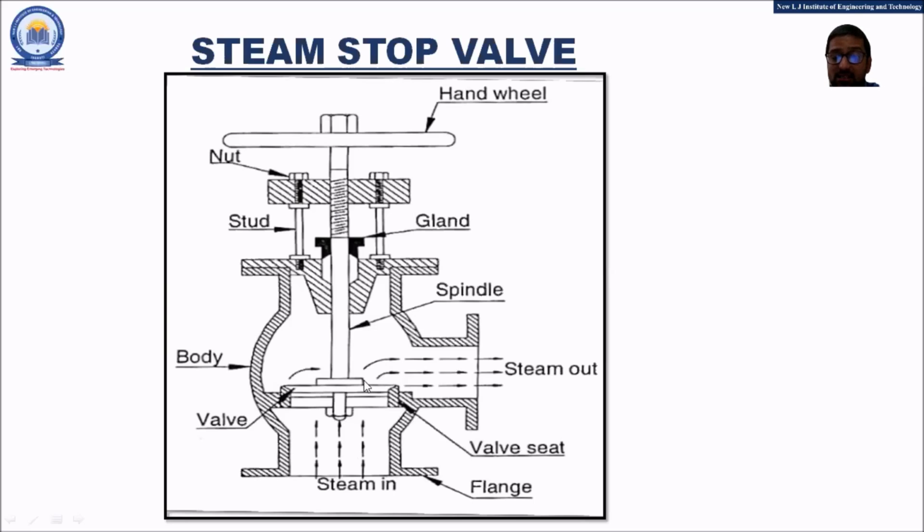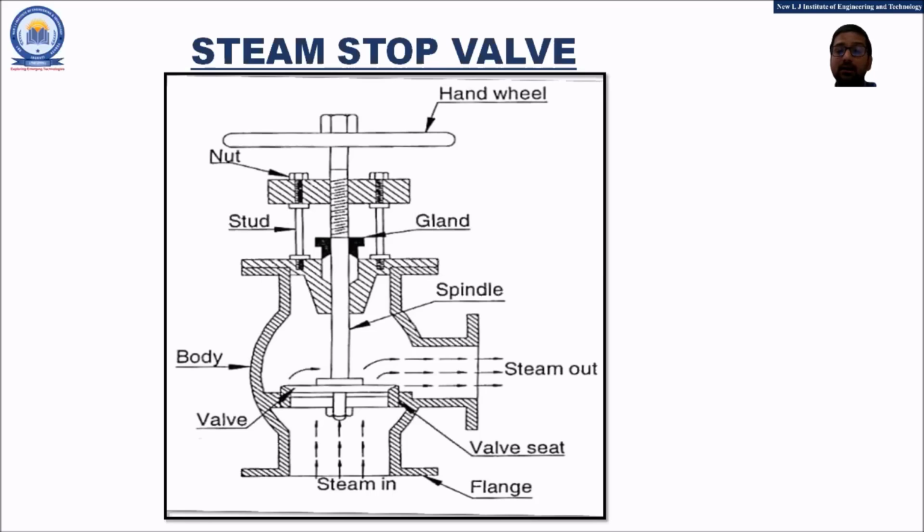So the space in the body will be opened. Now the steam can easily enter the steam stop valve and it can easily be removed from the boiler, and the steam can be passed to the particular application, that is the prime mover, steam turbine or the engine.